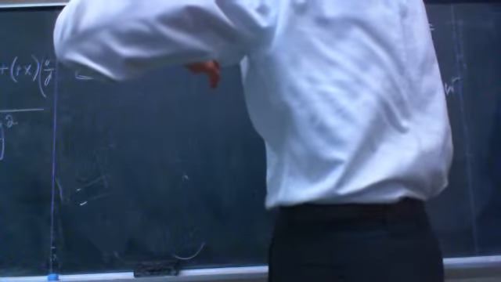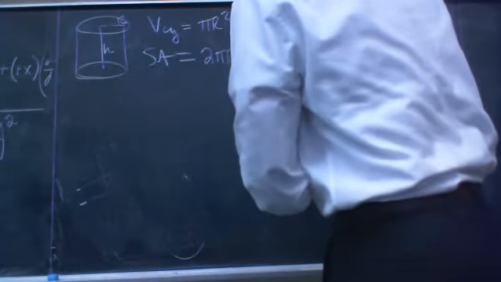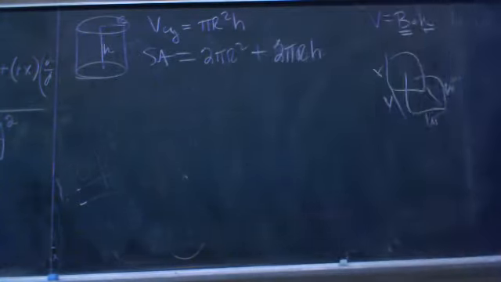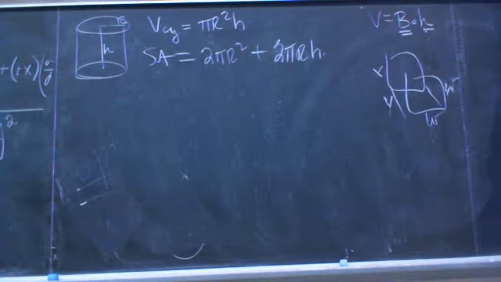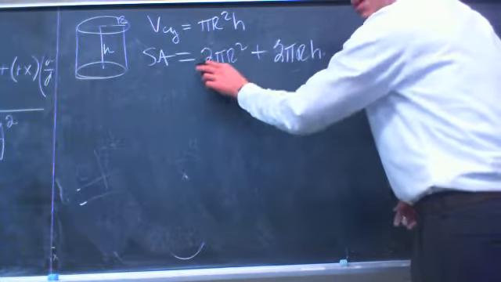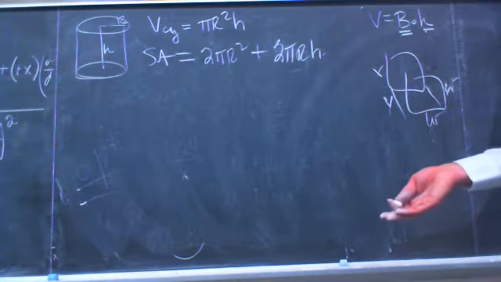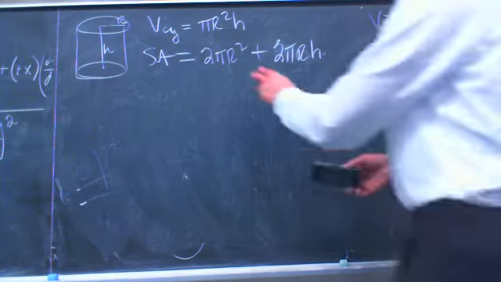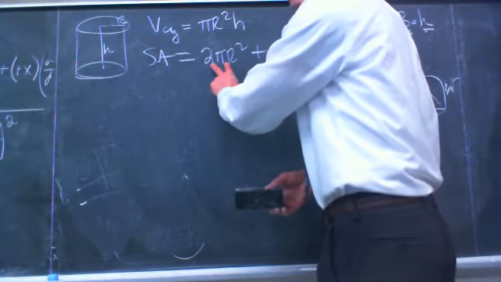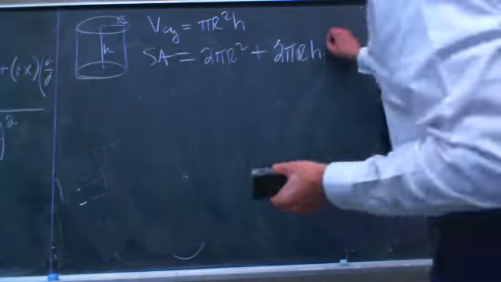That is 2 pi r h. 2 pi r h. Okay? Got it? 2 pi r h and 2 pi r squared. Now is this an open top or no? It doesn't say that, does it? So it's not an open top, is it? If it were an open top, it's only going to be how many of these? So if it's closed, it's what? Okay, so this is the one we want to, I believe, what?